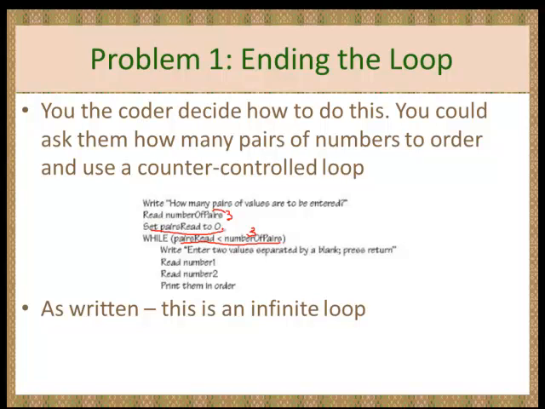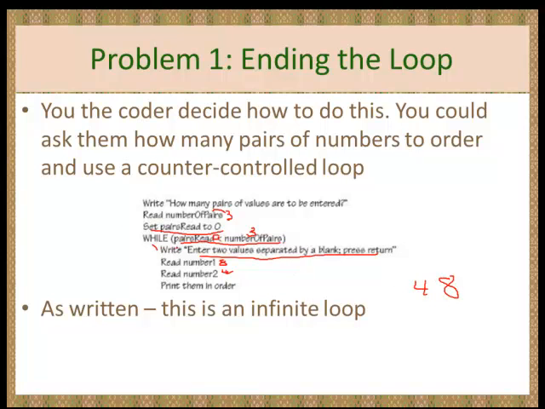Before you start looping, let me set how many we've read in so far, and we've read none in, so this will be 0. Is 0 less than 3? That's a true statement. We go into the loop, and we'll write, hey, enter your two numbers. Let's say 8, 4, and we'll print them in order.